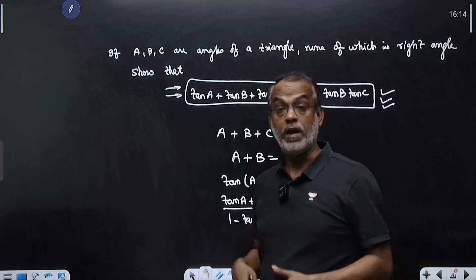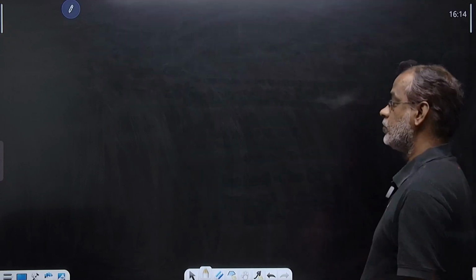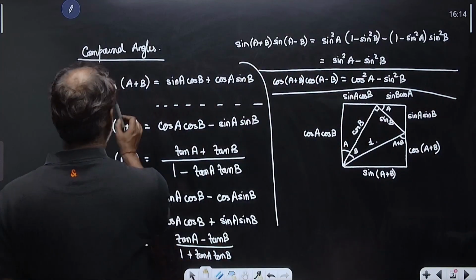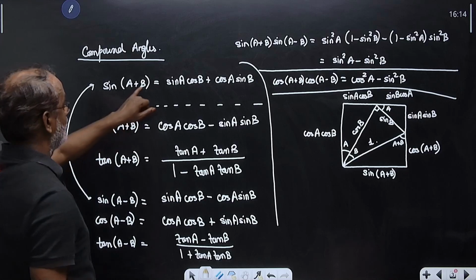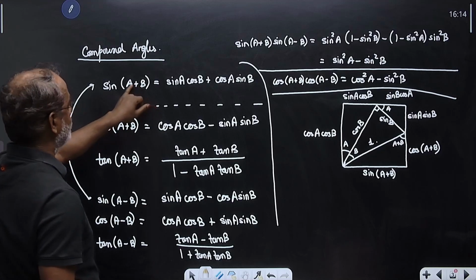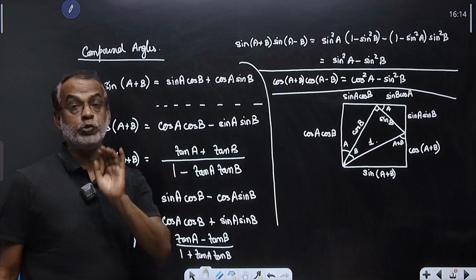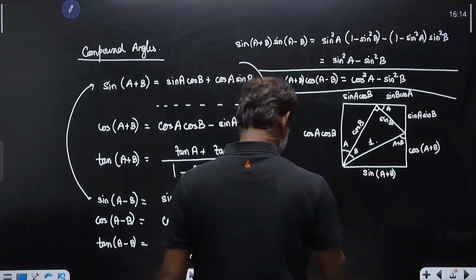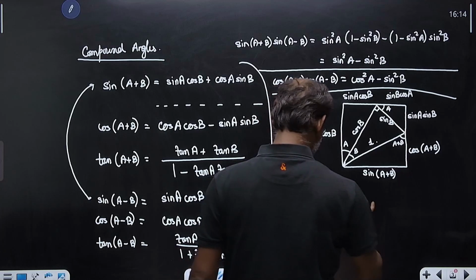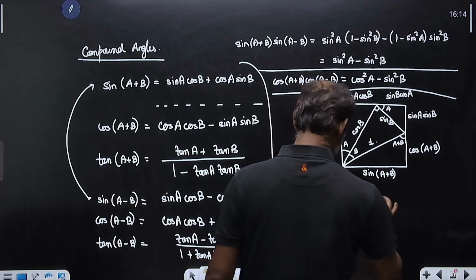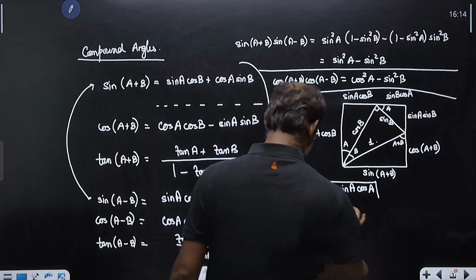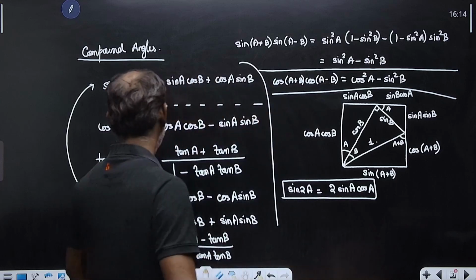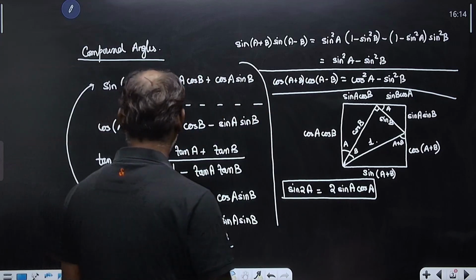Now, if we move ahead to multiple angles, sin A plus B we know. So, what will be sin 2A? Can you make it out? Put B as A here. Sin 2A is sin A cos A plus cos A sin A, that is 2 sin A cos A. Put B as A in the cos formula, what do you have?